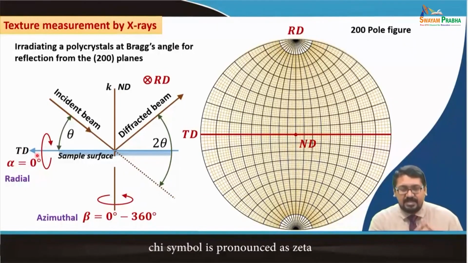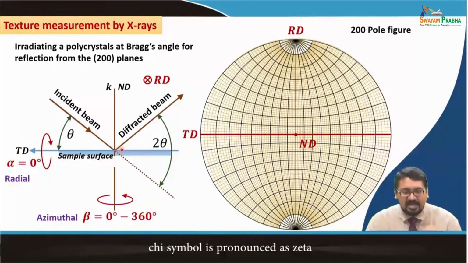The measurement of texture is done in such a way that the incident and diffracted radiation are fixed at a certain theta, so that it can only measure that particular HKL plane, 200 in this case. This measurement is plotted on the pole figure using a Wulff net, something like this. Let us say that in this Wulff net, RD is at the top, ND is in the center and TD is on this side.